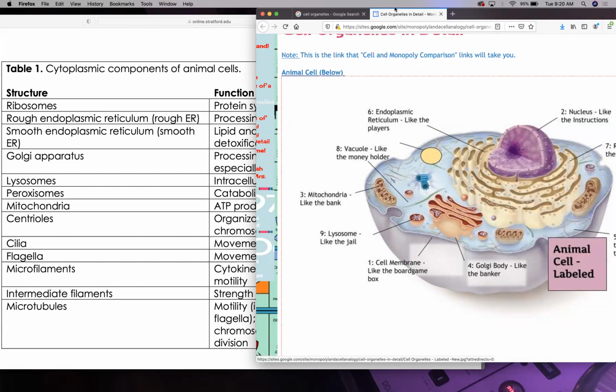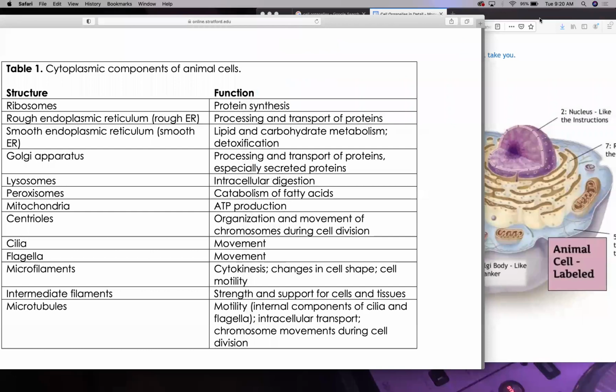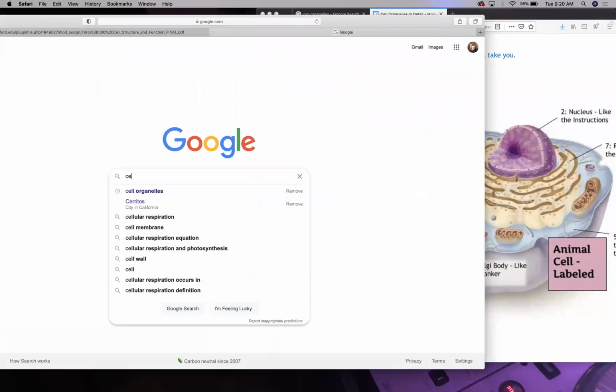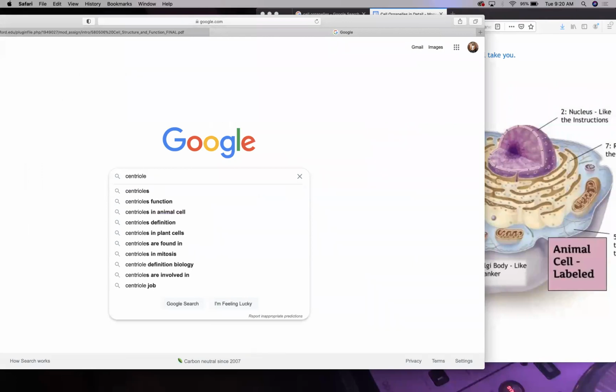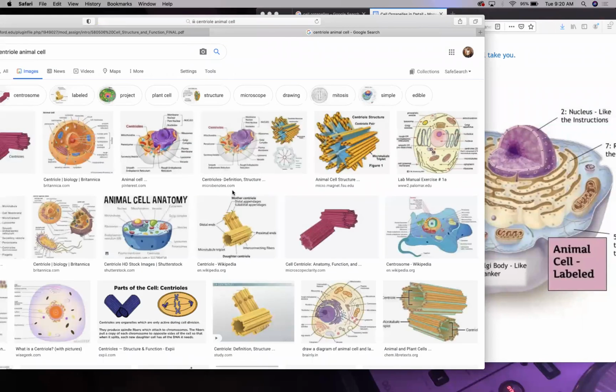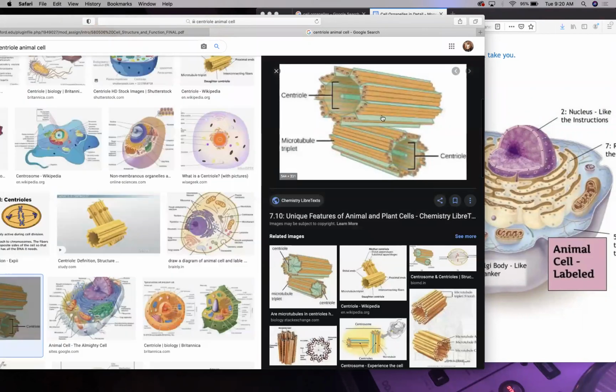So let's look at a picture of that. What does that look like? Because it's one thing to explain it. That's a centriole, which is essentially a whole bunch of coiled proteins together.